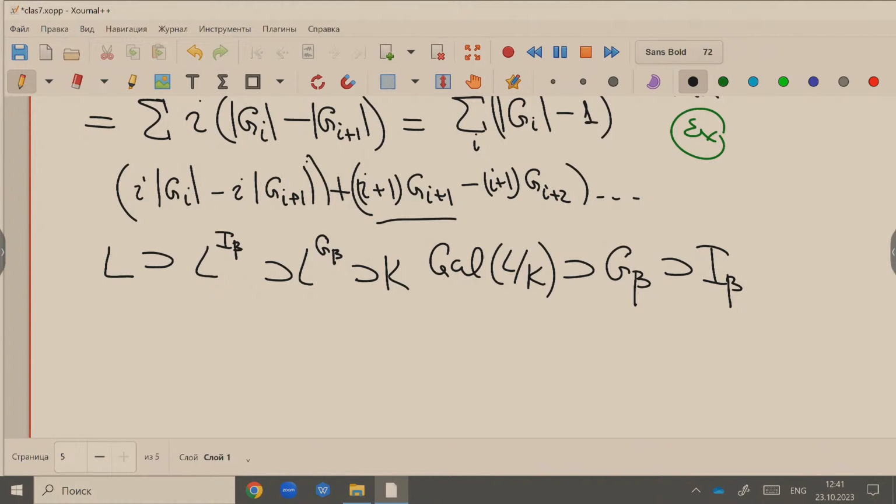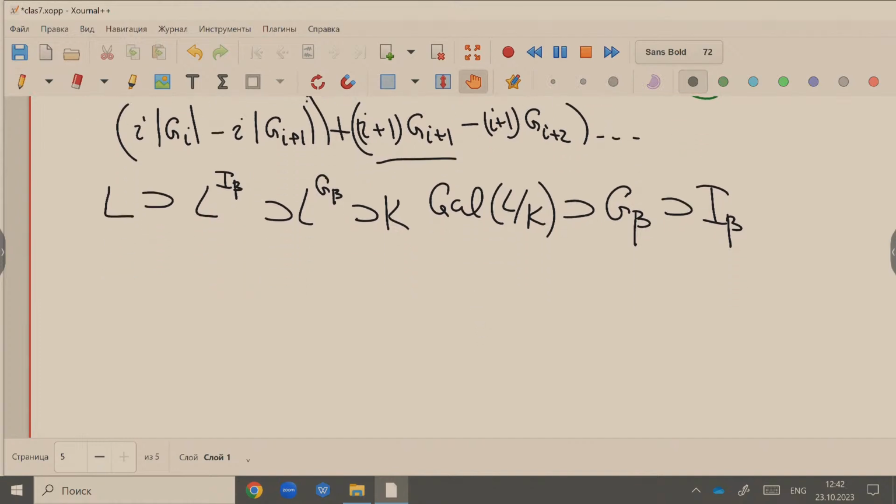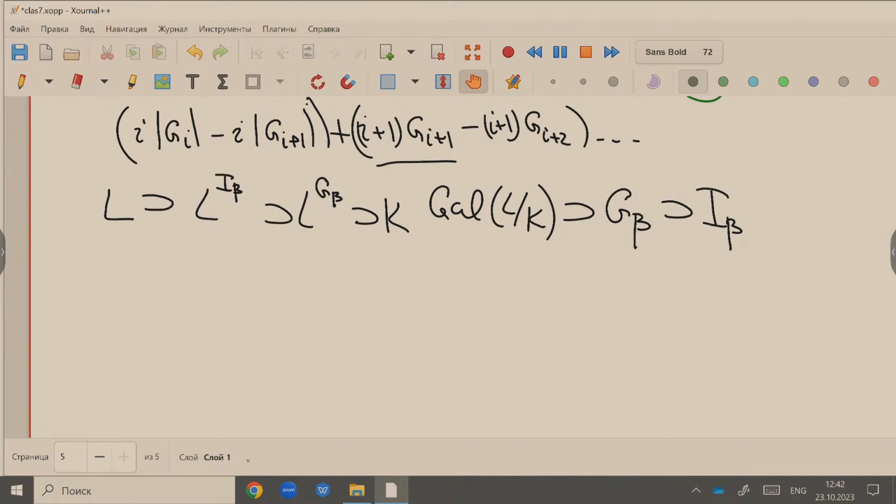So now what can be said about these several extensions? You can also look at the corresponding rings and the corresponding ideals lying over.